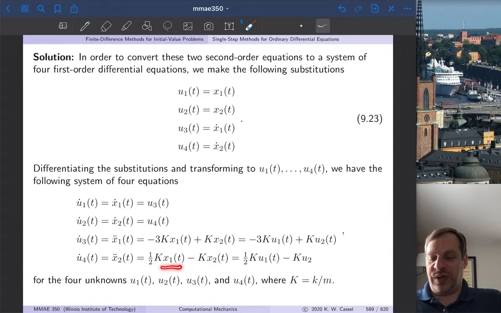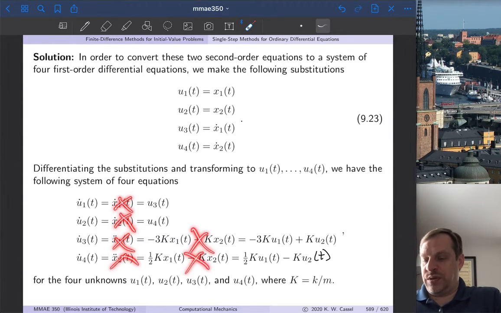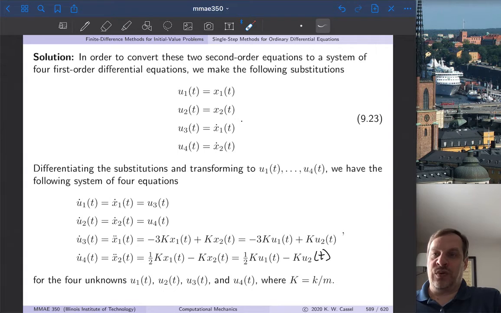Then x1 is u1, x2 is u2, so u1 and u2. Oops, I forgot the t here. There we go. All right, so these are gone. So we have 4 equations for our 4 unknowns, u1, u2, u3, u4.